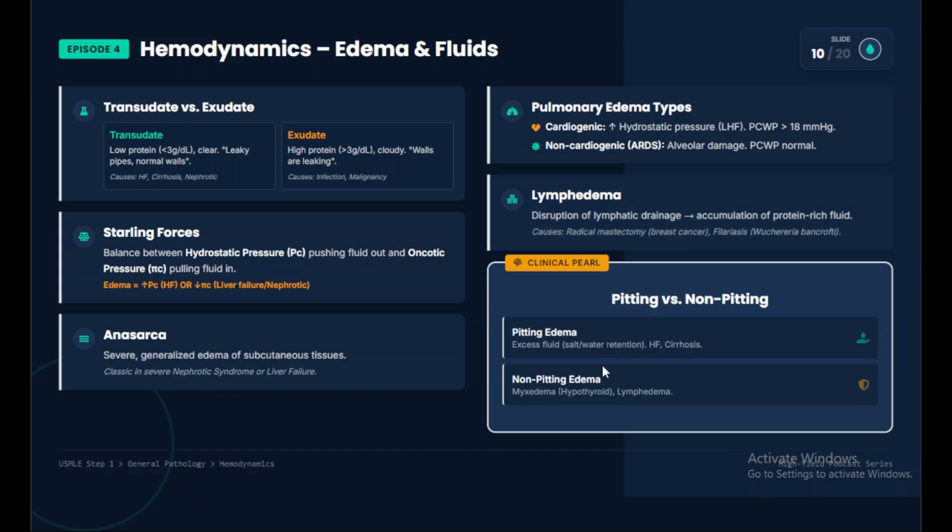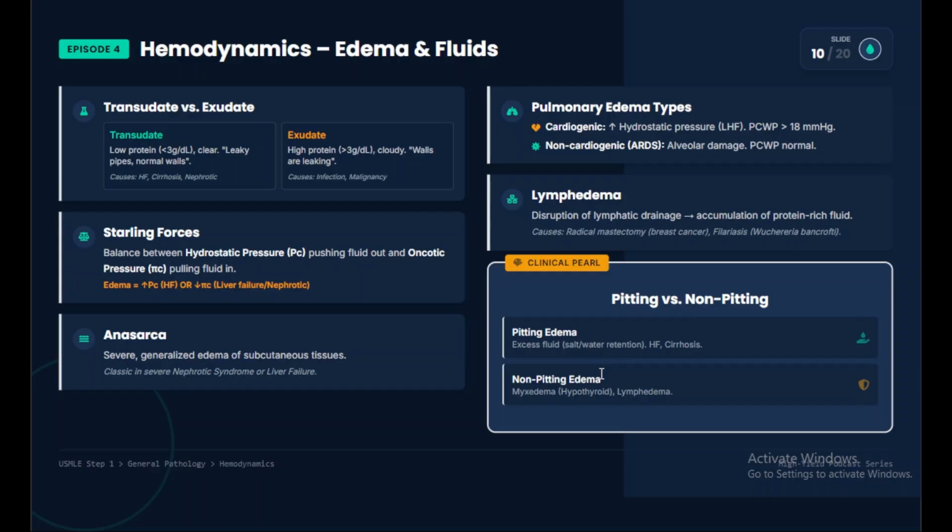Now, in non-pitting edema, you press your finger and there is no indentation. It is usually protein-rich or infiltrative edema, usually caused by mixed edema, which is seen in hyperthyroidism and lymphedema.